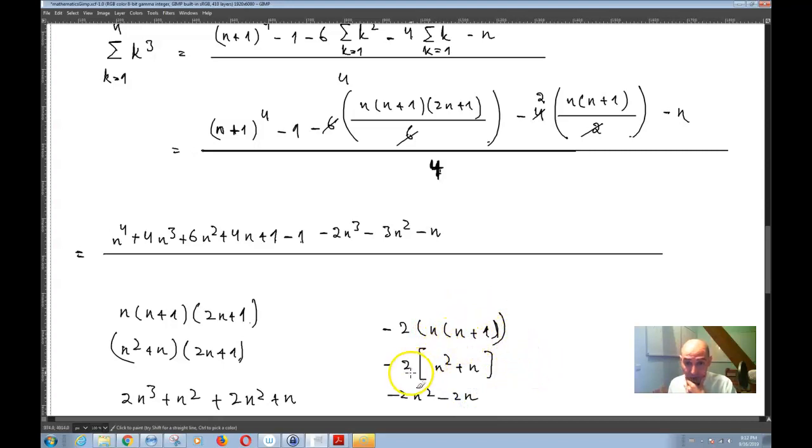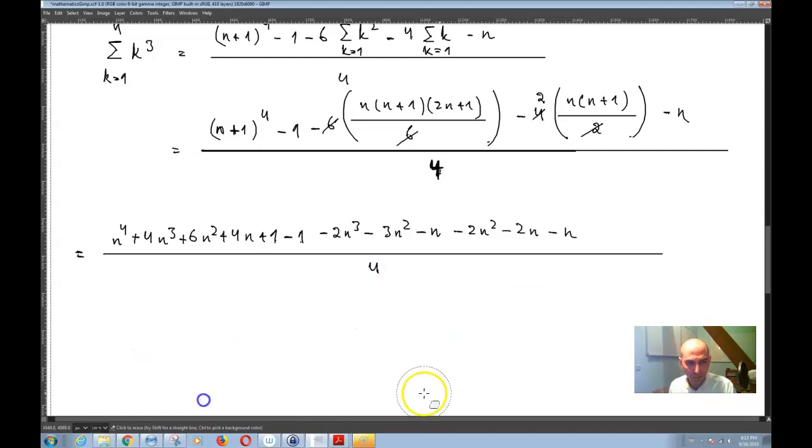So I can write this as it is over here, negative 2n squared, negative 2n, minus n, divided by 4.